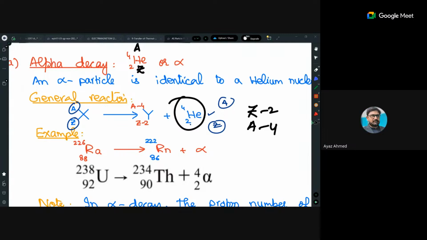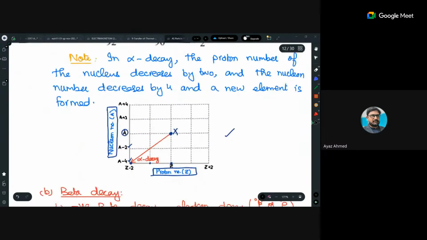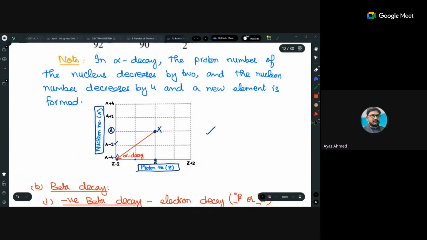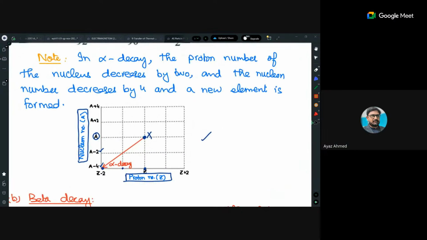When we move on to the next, sometimes this type of question is asked to you: during an alpha decay, what would be the change in position of nucleon number and proton number in the grid?